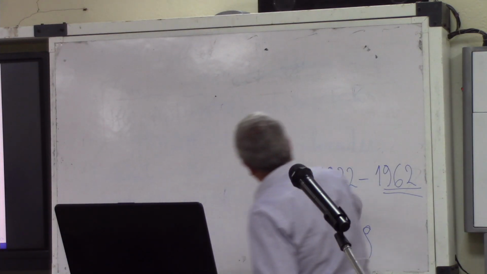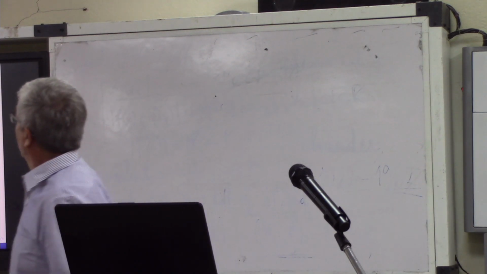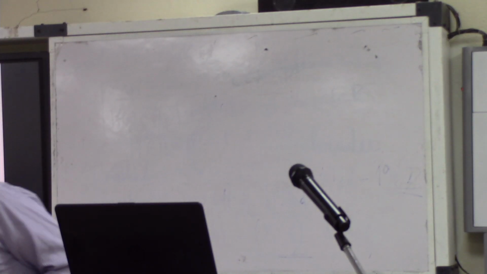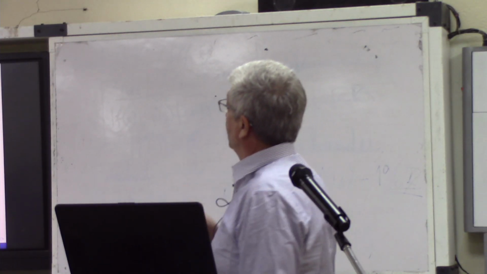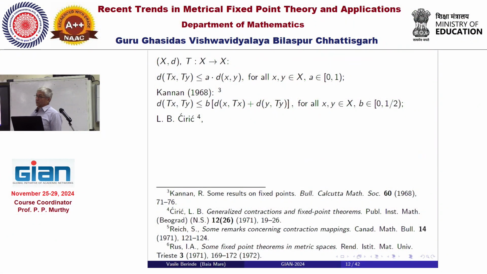And what is important, while a map T satisfying the Banach contraction condition is always continuous, a map T satisfying the Kannan contractive condition is no more necessarily continuous. This is a very important moment in the history of fixed point theory.